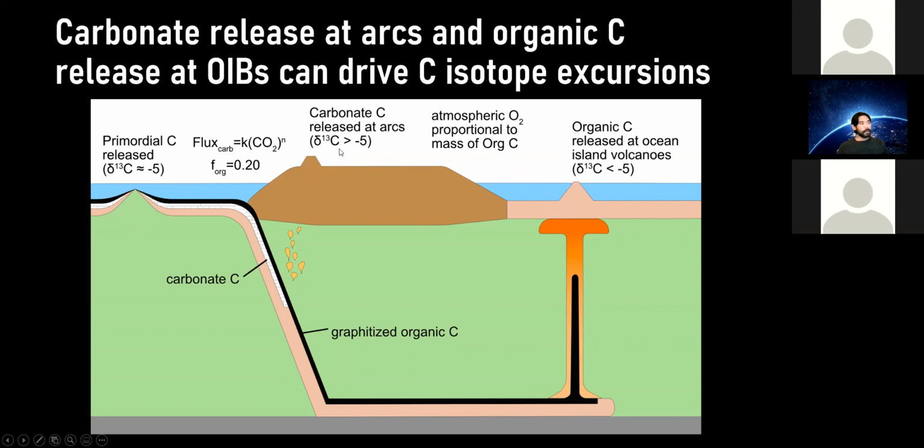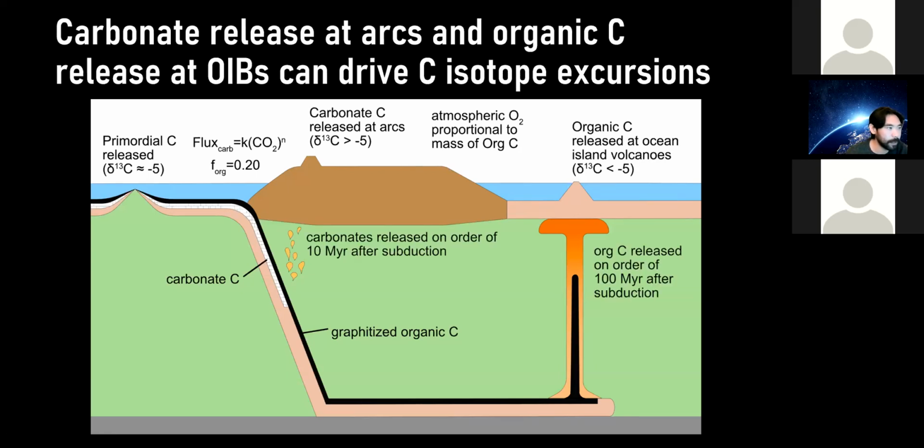This arc flux is going to be strongly influenced by the delta 13C of these subducted carbonates, so this value is going to be mostly greater than -5. And we also have CO2 being emitted at ocean islands, and that's going to be influenced by graphitized organic carbon, so it's going to be releasing CO2 with a more negative delta 13C.